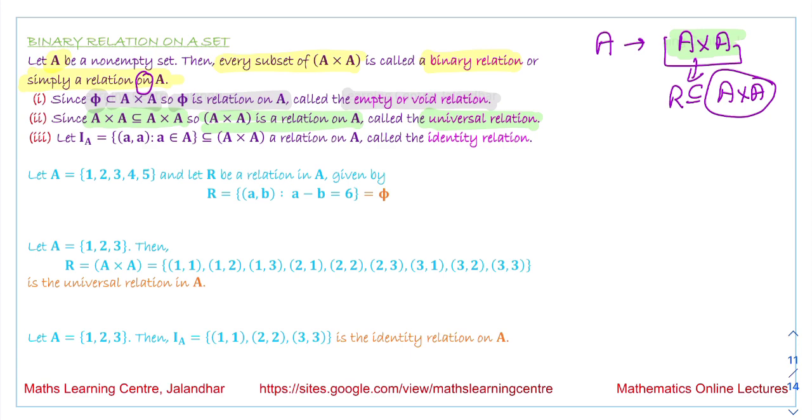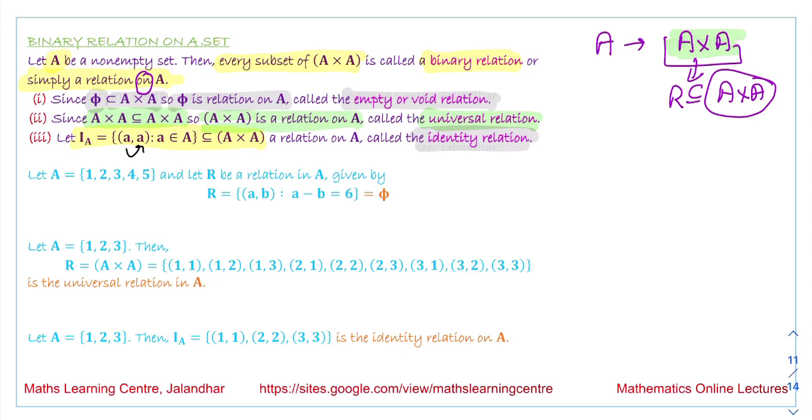And the next term we have is I_A, which consists of all those elements in which A is related to A, and this relation is called the identity relation. These things will be clear to you with the next examples.